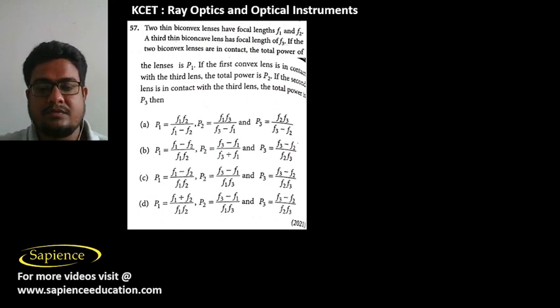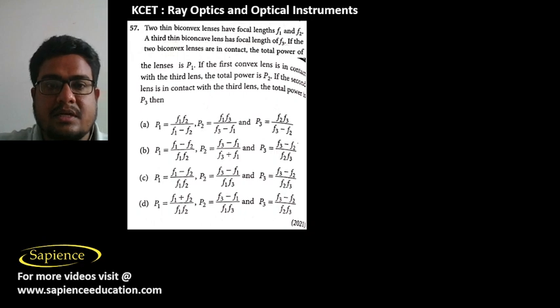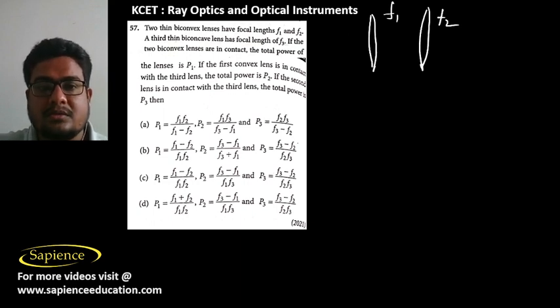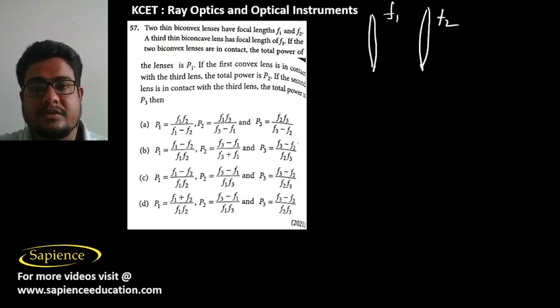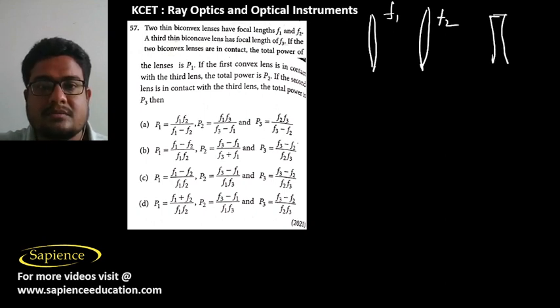Then question number 57, it is told, two thin biconvex lenses have focal lengths f1 and f2. A third thin biconcave lens has focal length f3.